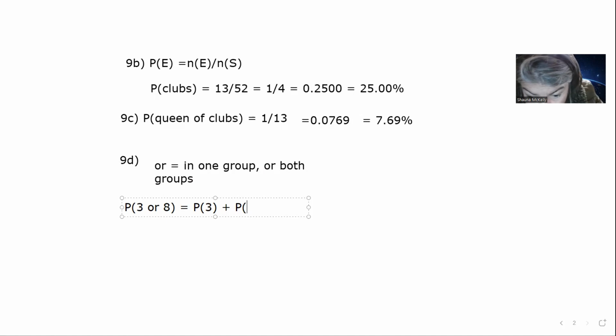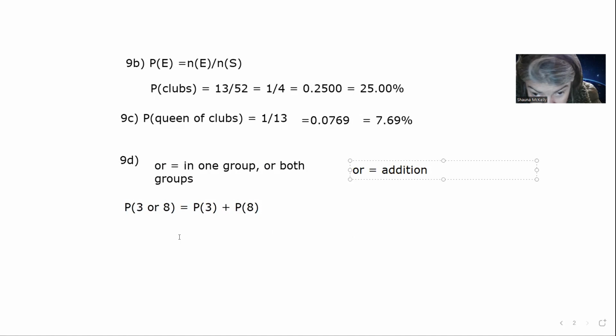So when you see the word or, this brings up the first little inclination of what's coming later. We'll get into this in 4.2 and 4.3. But when you think of or, when it's related to probability, I want you to think addition.